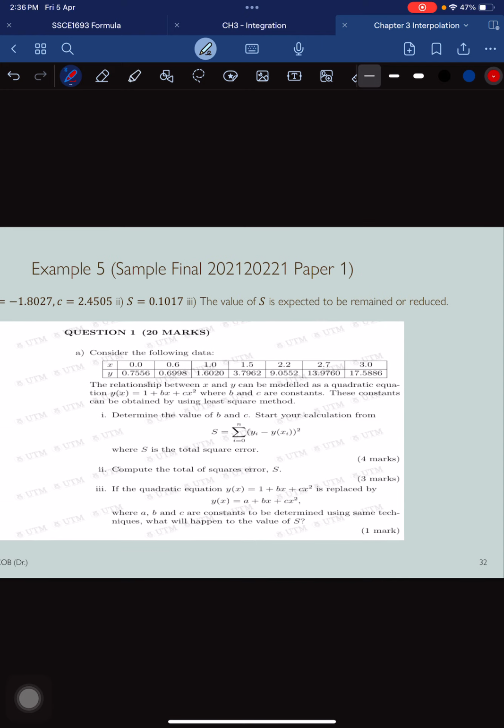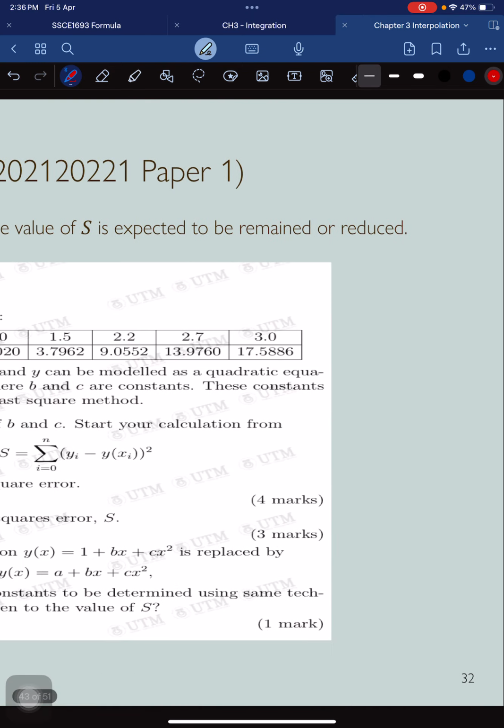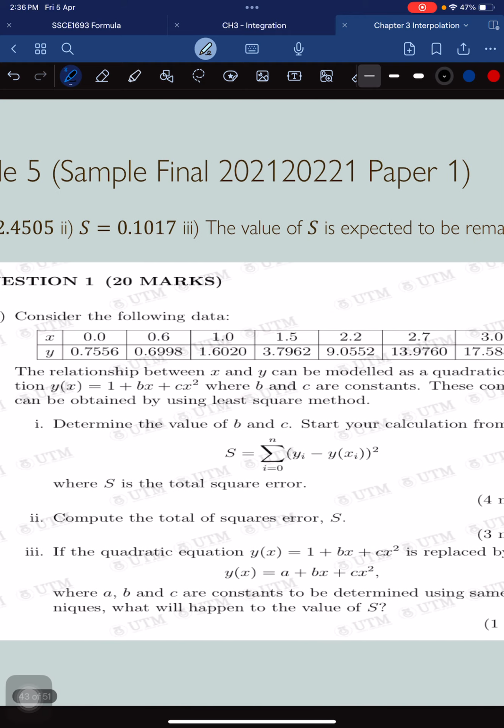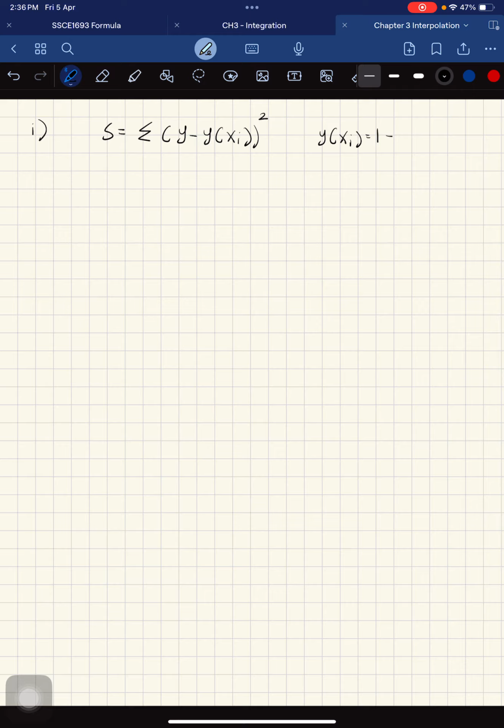Okay, let's do this one. S equal to summation of (y minus the estimation of y), squared, and our estimation of y equal to 1 plus bx plus cx squared.